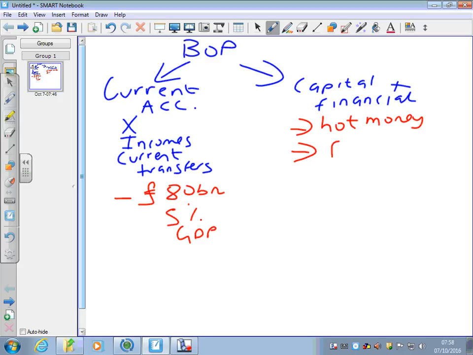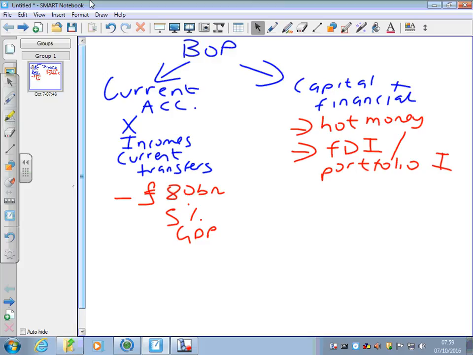What we're mainly looking at here, though, is things like foreign direct investment and portfolio investment. So when people across the world buy shares in British companies, then it's an injection of cash into the British economy. FDI is when foreign nationals or foreign firms, governments, whoever it may be, set up industries in the UK economy.